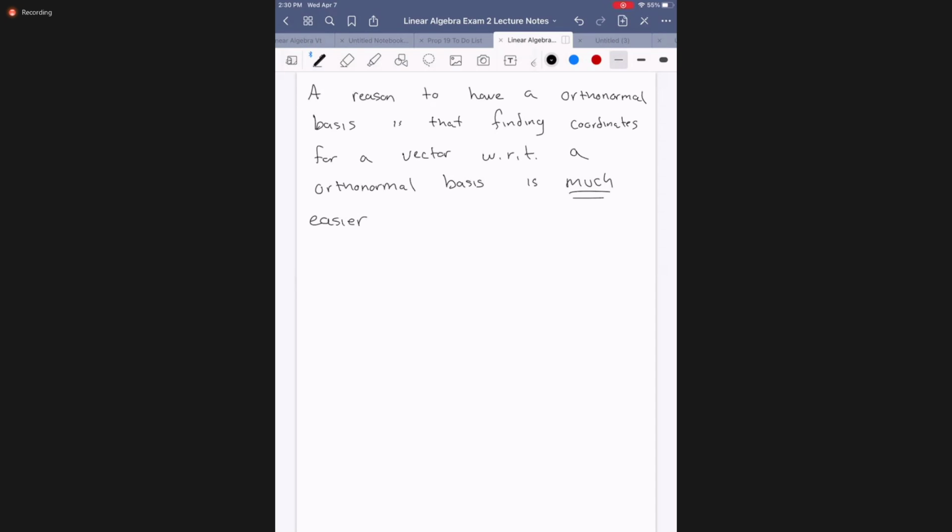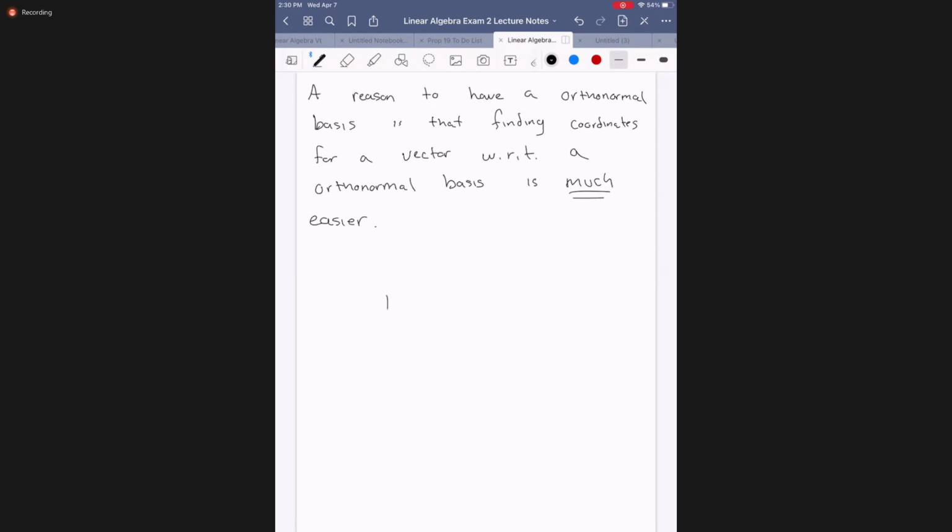Do you guys recall what it means to have a coordinate system with respect to another basis? If not, I'll just say it. It's in the notes already, but I'll repeat it.